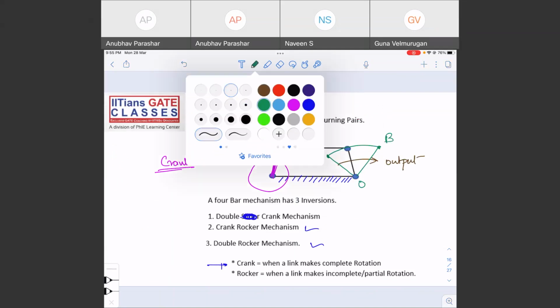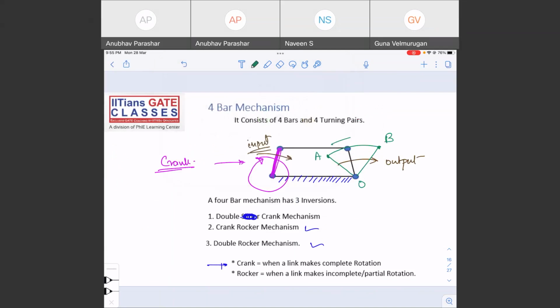So what is happening? Output link is making an oscillatory motion. OA to OB, OB to OA, OA to OB, OB to OA. So what kind of motion is this? This is partial rotation. If it is partial rotation, it will be called rocker.